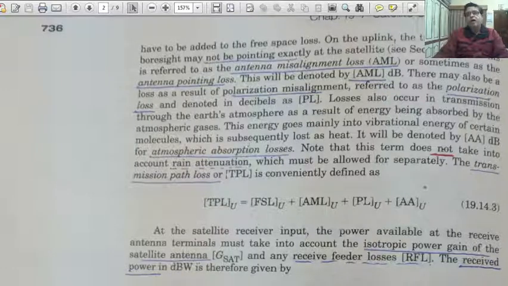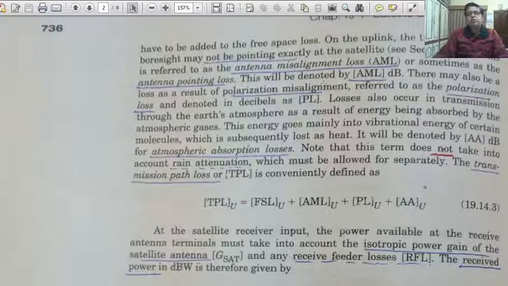On the uplink, the transmit antenna may not be pointing exactly at the satellite. This is referred to as the antenna misalignment loss, AML, or sometimes the antenna pointing loss.